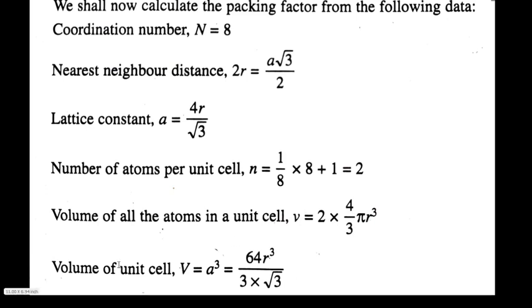And the volume of a unit cell, still being a cubic setup, is a cube because lattice parameters a, b and c are equal, so L into B into H, all equal to A, becomes A cube. So you have the relation for A cube. Here we cube, so there we also have to cube: 4 raised to cube, r raised to cube, and root 3 raised to cube, so it becomes 3 into root 3. 4 cubed is 64 and r cubed is r3.